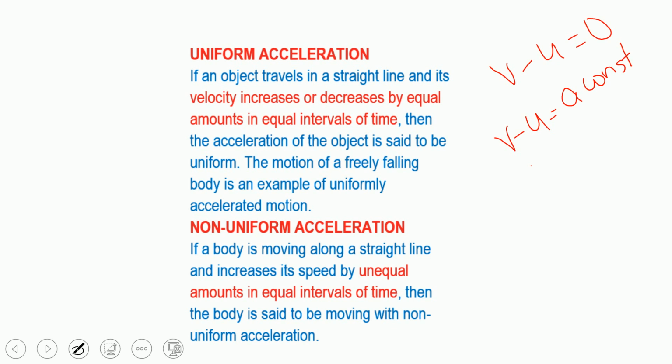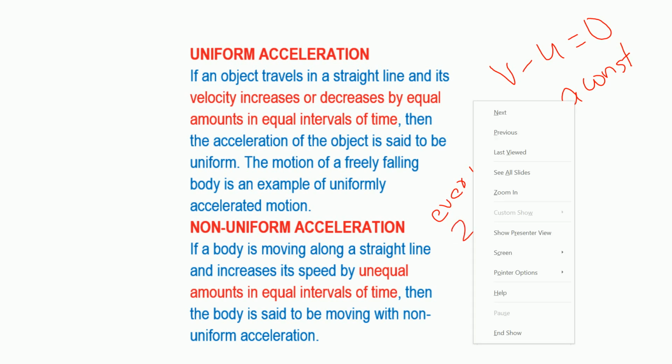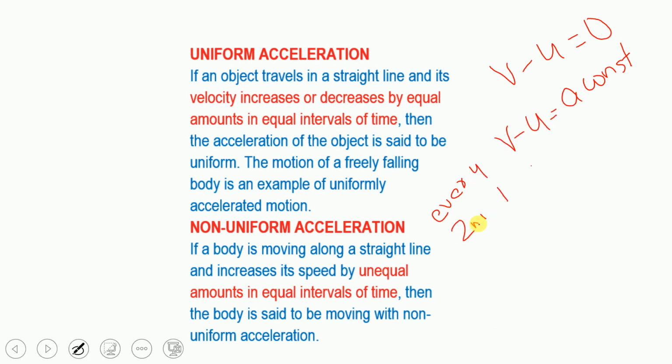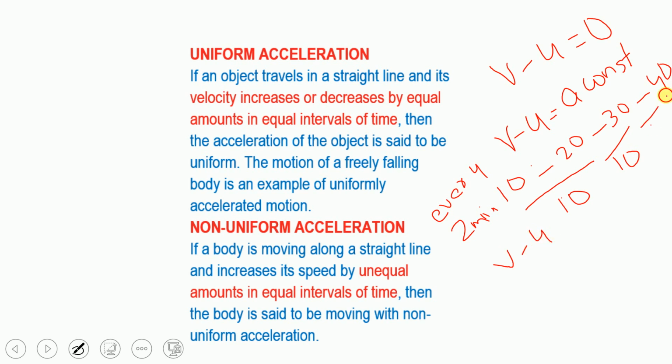So understand, for example, every 2 minutes, the velocity is first 10, afterwards 20, afterwards 30, afterwards 40, like this. Now look, what is the change in velocity v minus u here? 10.